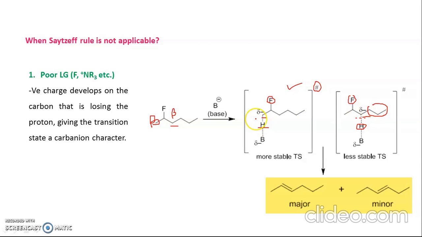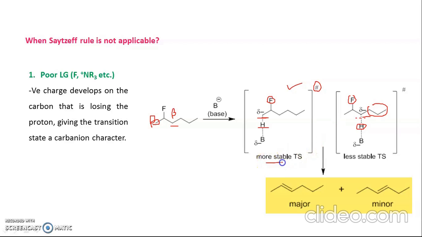So with this carbanionic character, that is the carbon where this carbanionic character is generating, beside it if there is some alkyl group. See, we have this alkyl group here. But if you see this carbanion, though it is not a fully developed carbanion, there are less number of alkyl groups compared to the second transition state. So lesser number of alkyl groups means lesser electron donating effect. So obviously when it is a carbanion, we will always want that there should be fewer alkyl substituents, so that the negative charge is more stable.